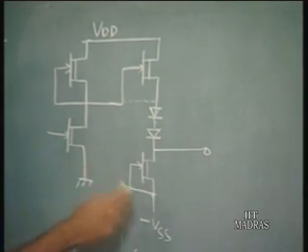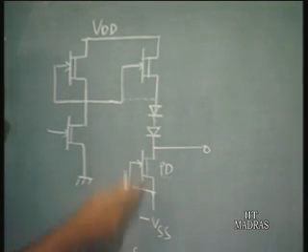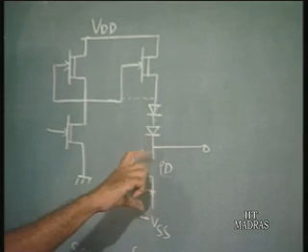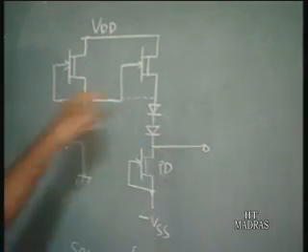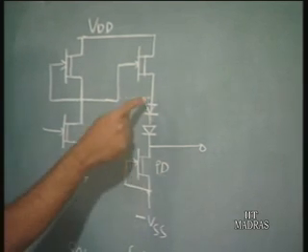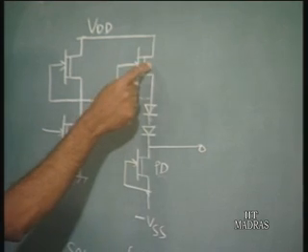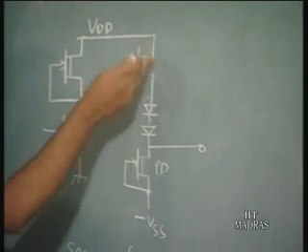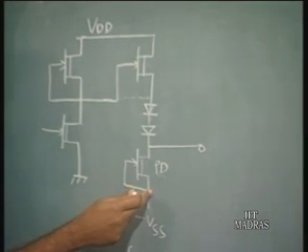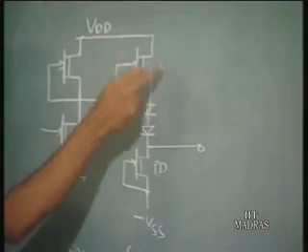You see that this is the pull down transistor, and a constant current is always flowing through it, because this transistor is always in the saturation region, and the gate to source voltage is 0. So it is in the flat part of the characteristics. So this transistor has a constant current. Now if we have an identical transistor here, just like the pull down transistor, then the same current is flowing through this, and this transistor also is always in saturation.